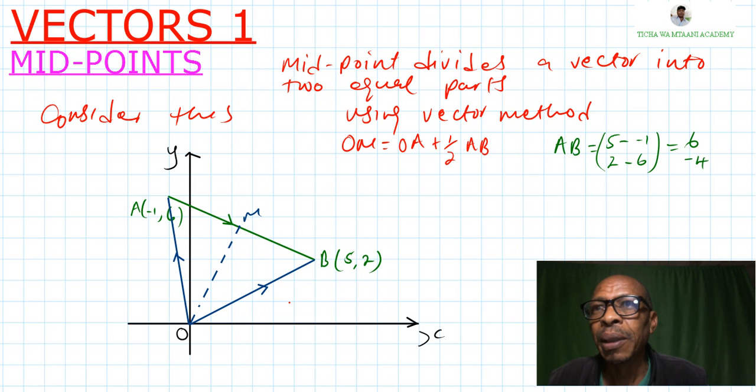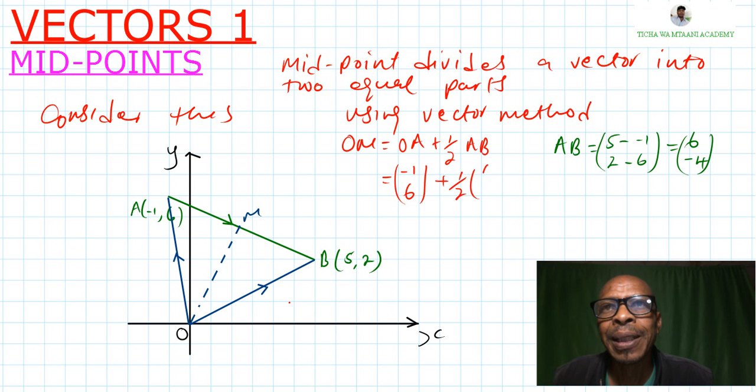So that is our AB. We come and replace AB in OM. So this will be OA, with the coordinates -1 and 6, plus a half of 6 and -4.